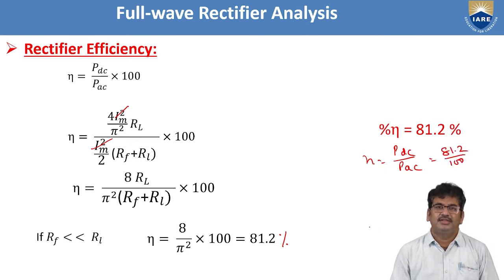It specifies that if you are given 100 units of AC power, 81.2 is converted into DC power, and the rest is wasted power. Whereas in the half wave rectifier it is only 40.6%, in the full wave rectifier the rectifier efficiency is 81.2%. So more power is utilized here. The wasted power is very low compared to the half wave rectifier.